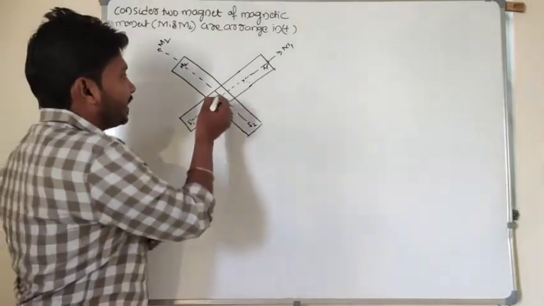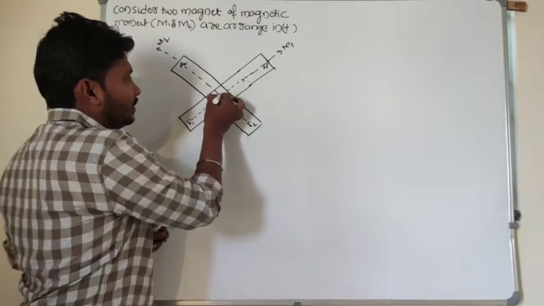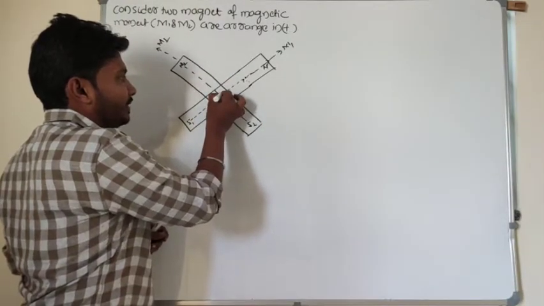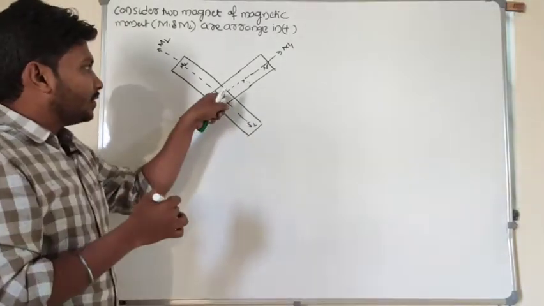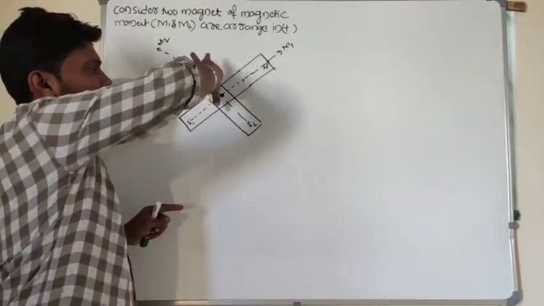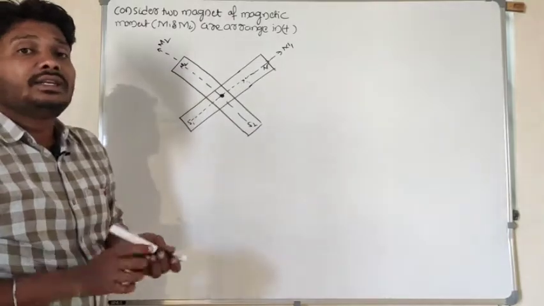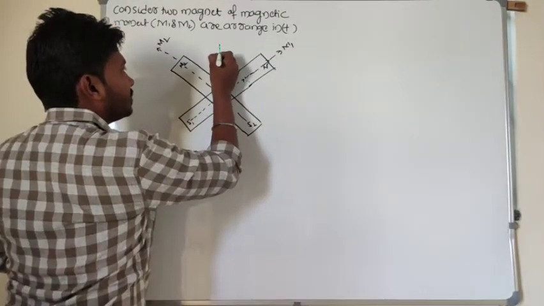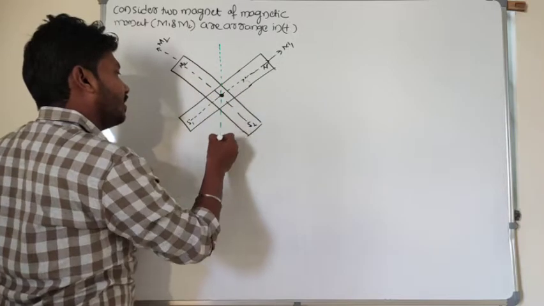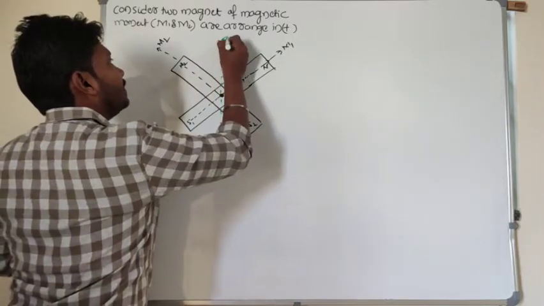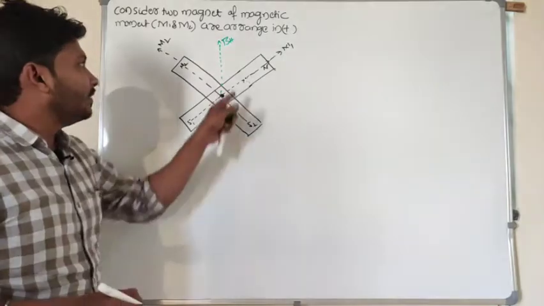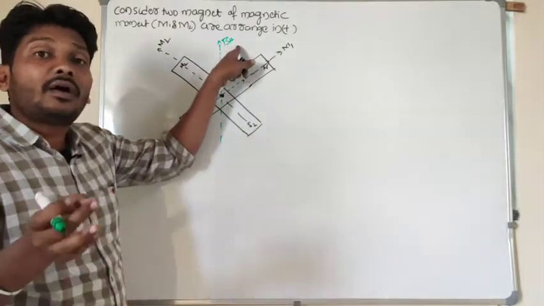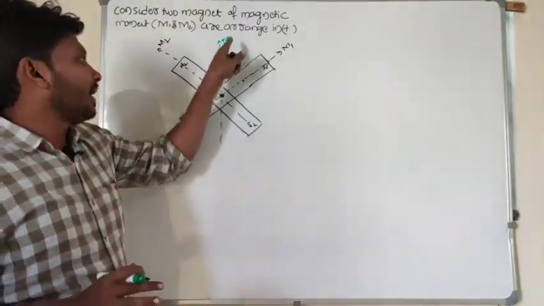This magnet can rotate or pivot in this position, meaning it is going to rotate from this point. These magnets I will place on the earth surface, because earth also acts as a magnet here. I will take the horizontal component of earth magnetic field, where B_H represents the horizontal component of earth magnetic field.